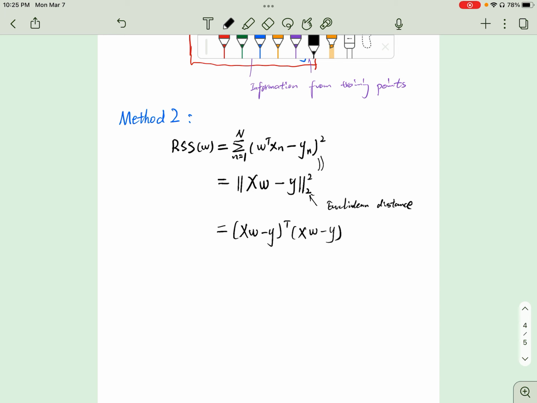For example, if we have a very simple vector, 1, 2, its Euclidean distance is just 1 square plus 2 square. So it will equal, I take its transpose 1, 2 and multiply with itself. So you can see these two are the same. So that's why I can write it in this way.